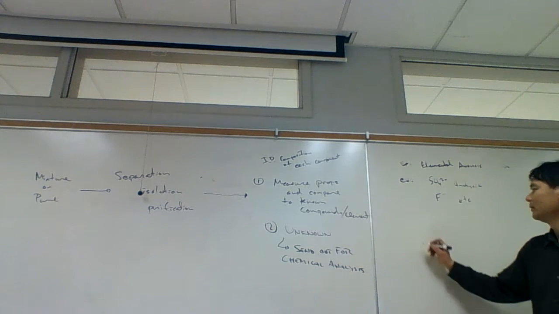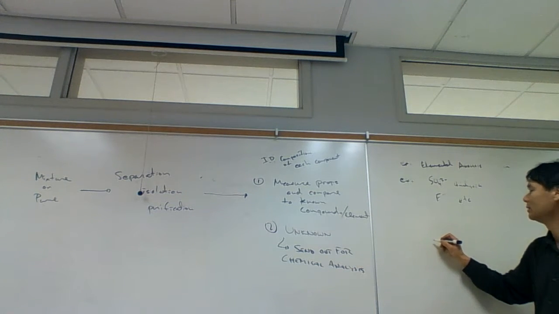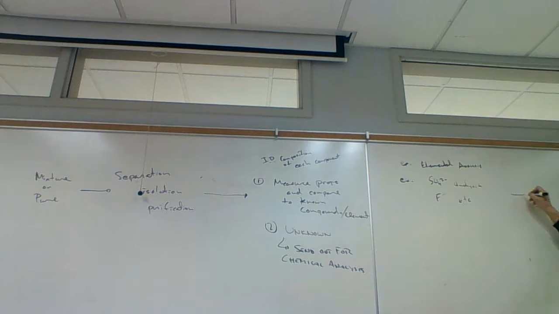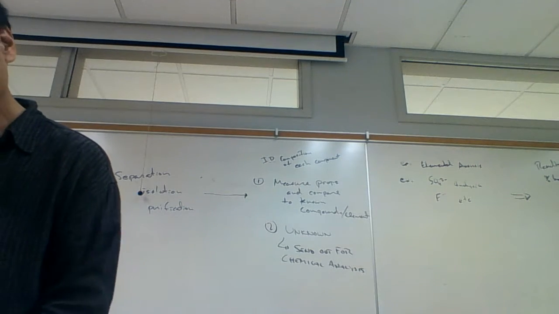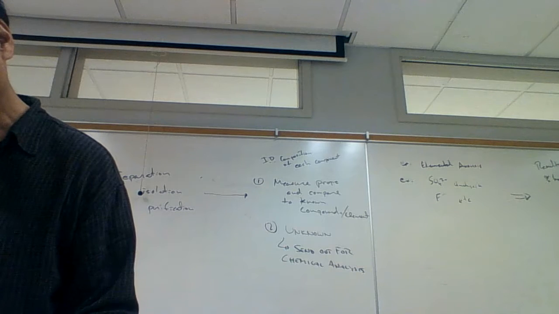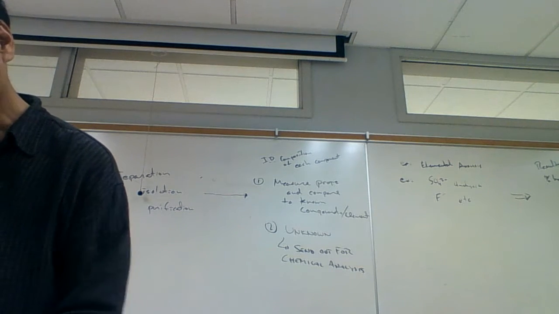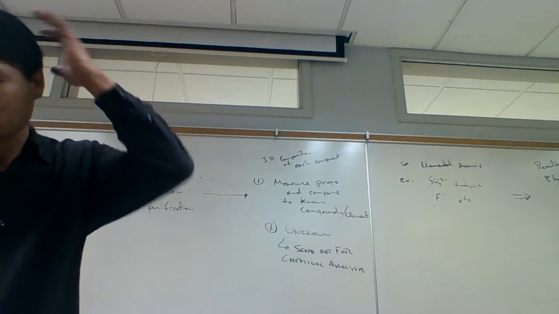All right, so basically what you're going to get back from chemical analysis is this. The results of chemical analysis are usually a percent by mass breakdown. So let's say we sent out a sample for chemical analysis, and the sample came back as 74.1% carbon.